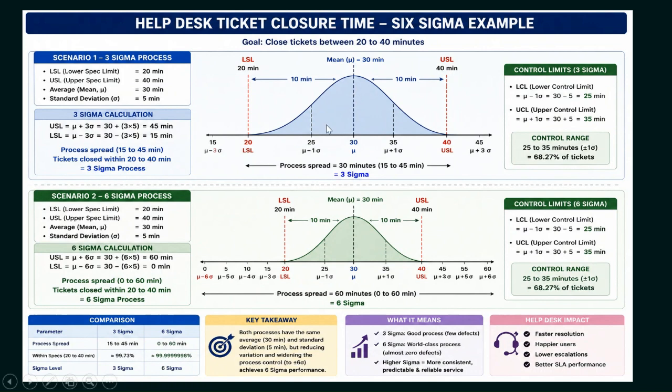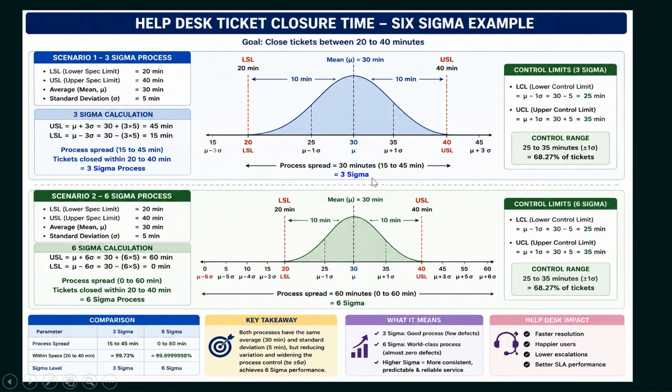But if you always finish inside your specification limits, we call this a control limit. If you put a control limit between 20 and 25, 35 and 40, and you always have a buffer in between, then you work towards 6 sigma.